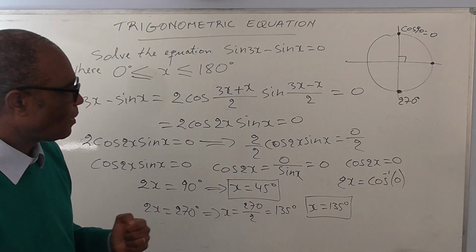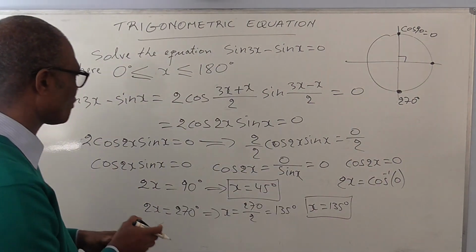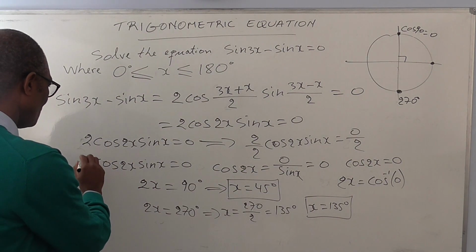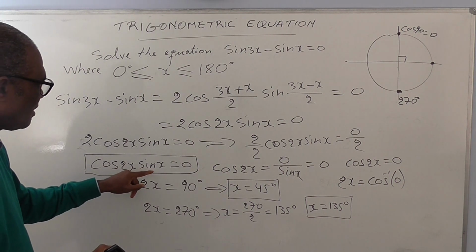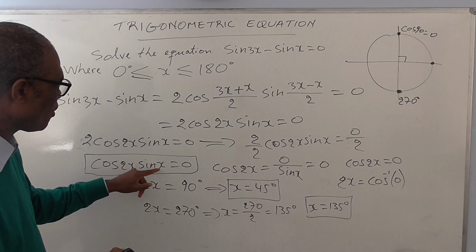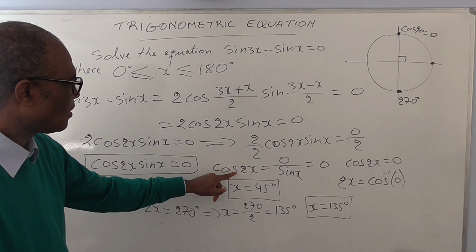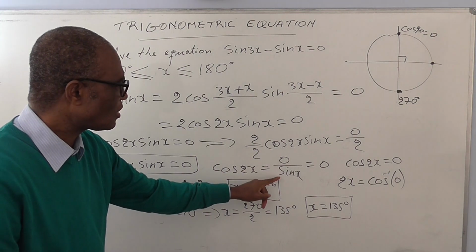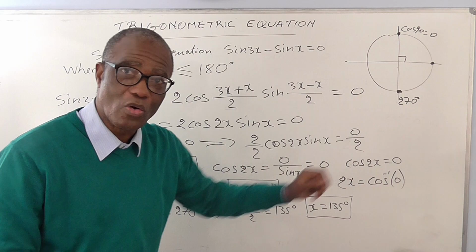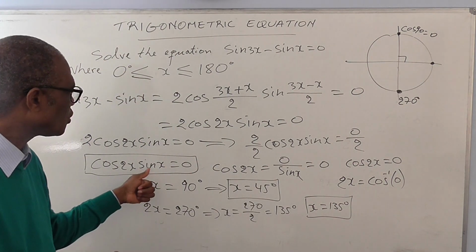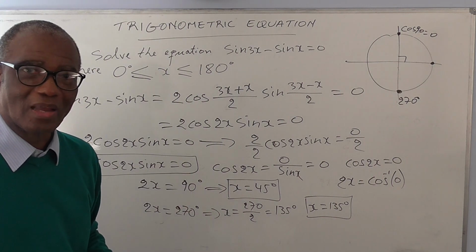Now, because we have used cos of 2x is equal to 0, so from here, cos of 2x multiplied by sine of x is equal to 0, and then we went from there, cos of 2x is equal to 0 divided by sine x, and cos of 2x is equal to 0. So now we are going to use also sine. Okay? We are going to use sine as well.